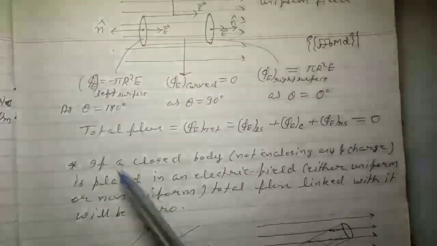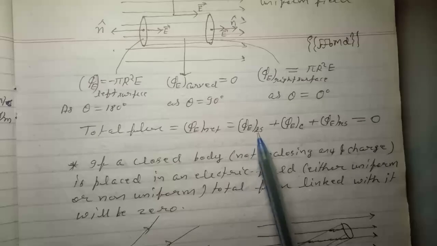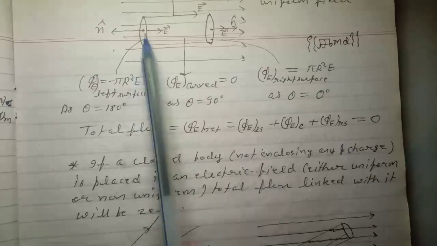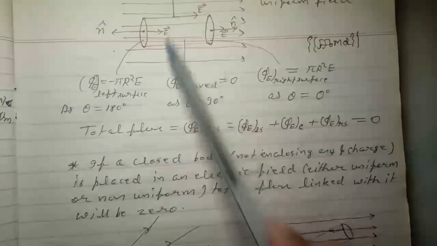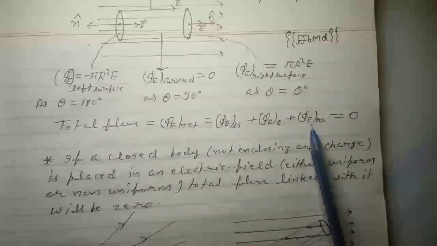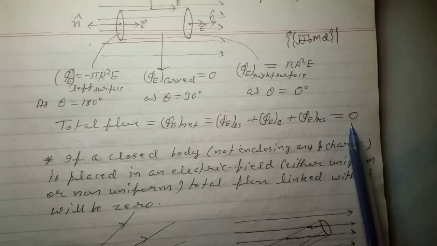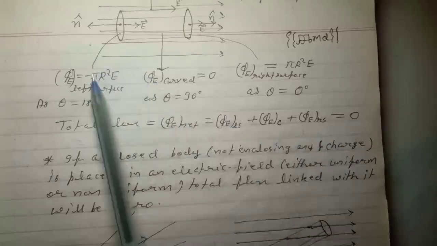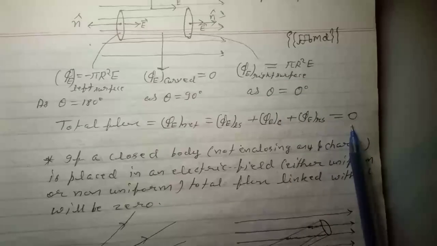So we can write total flux phi E net equals phi E left surface plus phi E curved plus phi E right surface equals 0, because adding these three fluxes we find 0.